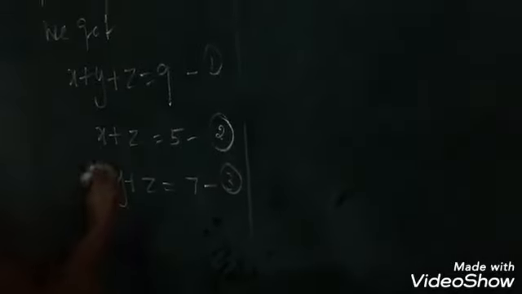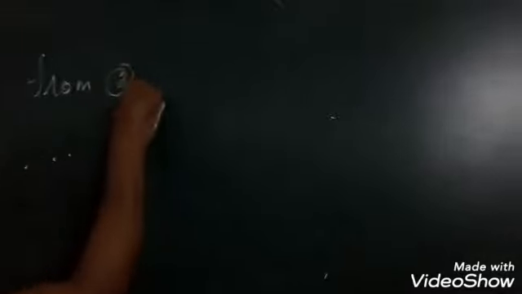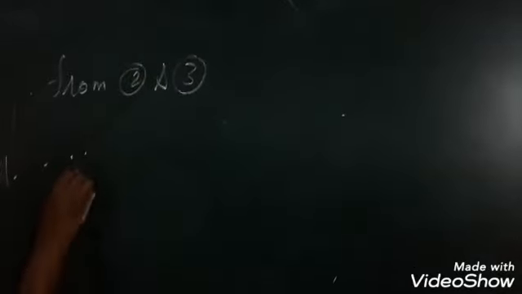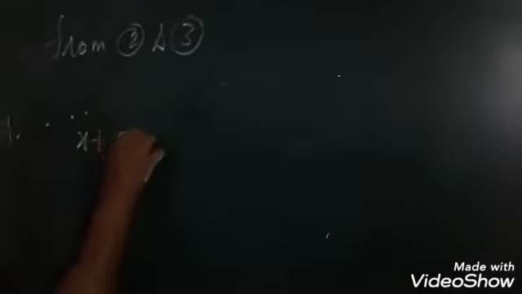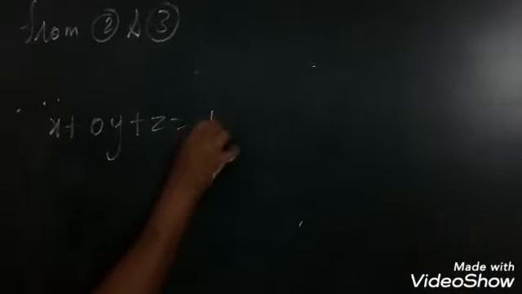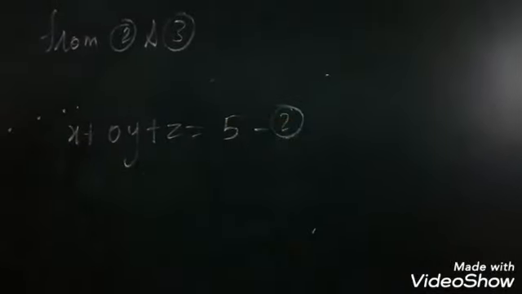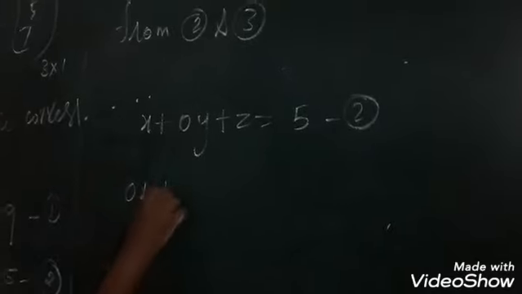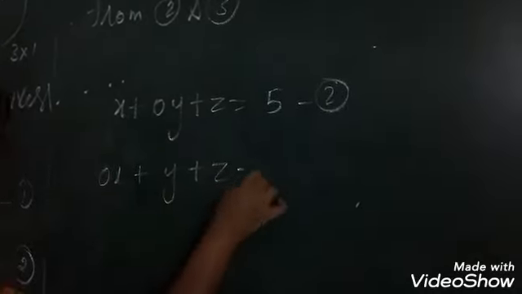Now I am taking the second equation and the third equation. You get x and y. Okay girls, from 2 and 3, what is the equation? x plus 0y plus z is equal to 5. This is called the second equation. Then the third equation, 0x plus y plus z is equal to 7.